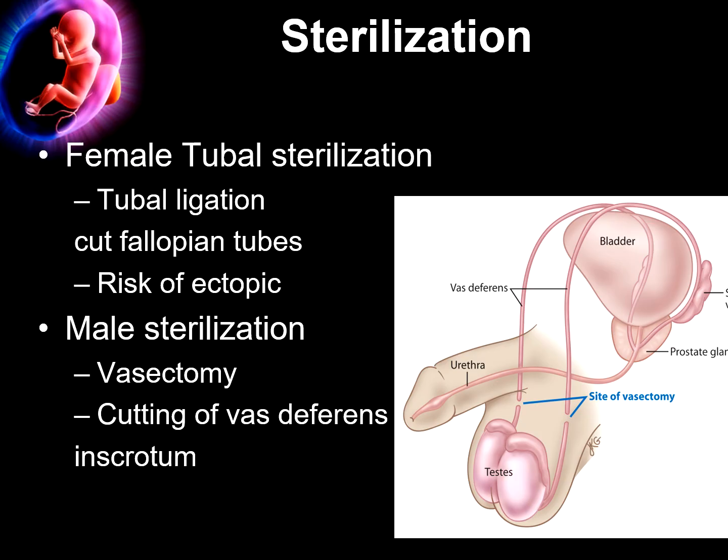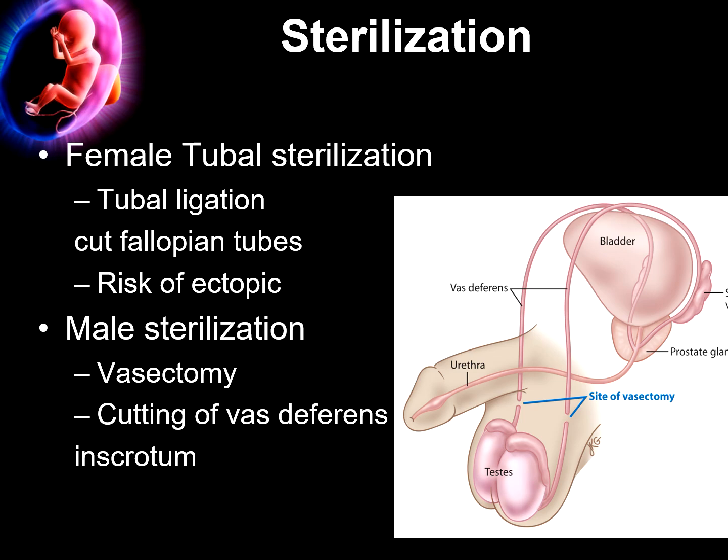For male sterilization, this is called a vasectomy, and during this procedure, the vas deferens is cut, and in order to do that, an incision is made in the scrotum.